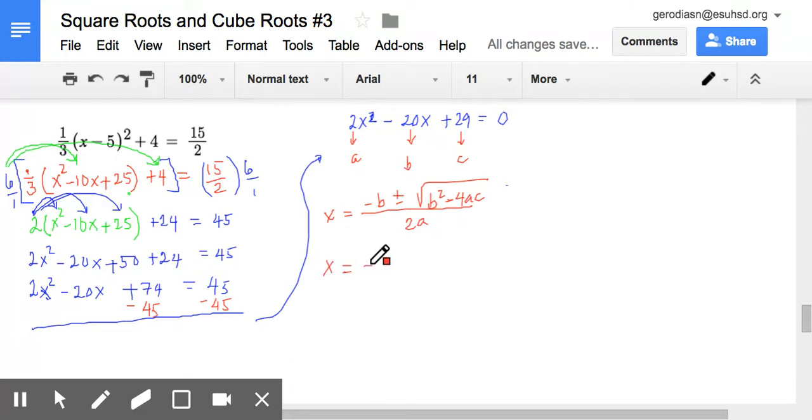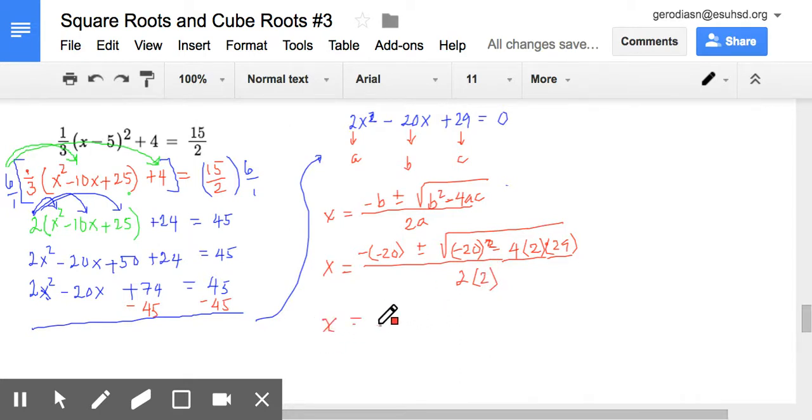So therefore we'll have X is equal to negative of negative 20 plus or minus square root of negative 20 squared minus 4 times A, which is 2, times C, which is 29, all over 2 times 2.